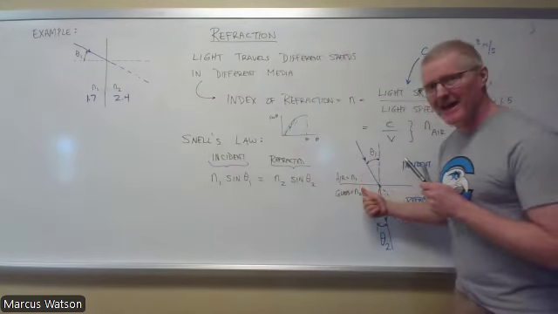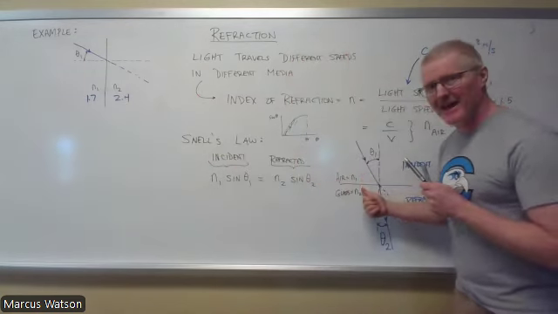Suppose that I have a block of this 2.4 index stuff, like I just had the block of acrylic. The block of acrylic has an index, but it was surrounded by air, which had a smaller index. So suppose we have the same situation here. Suppose that I have a boundary here of the 2.4 stuff, and then out here it's going to go back to 1.7 again.